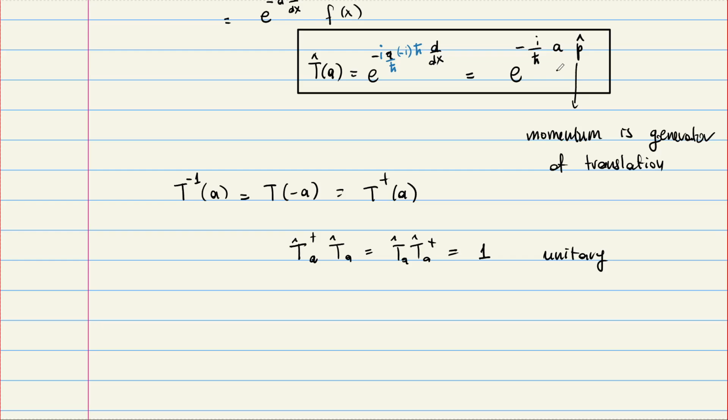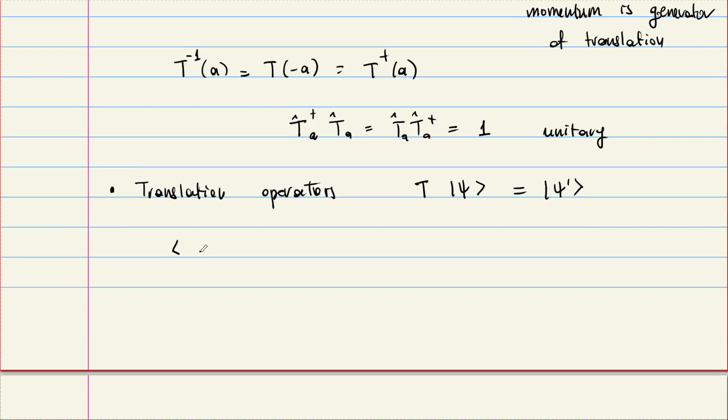So this is how we translate functions, and this is how we translate states. We can also think about translations or transformations of operators. And let's think about this T acting on a psi function, and it is going to give us some transformed psi prime.